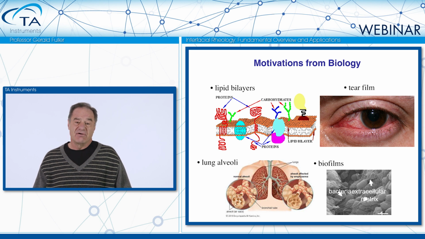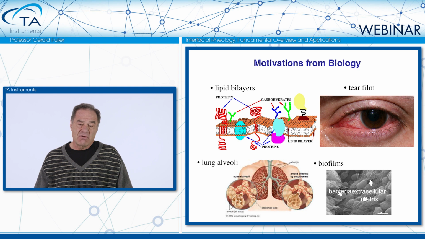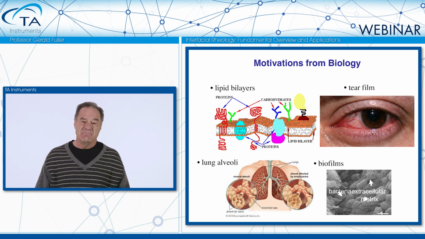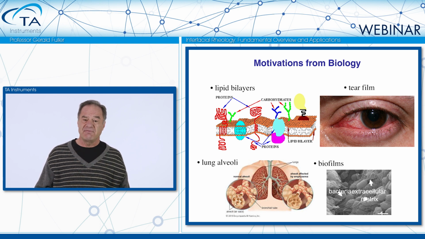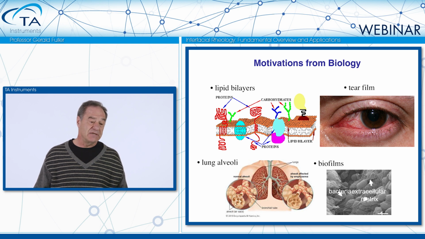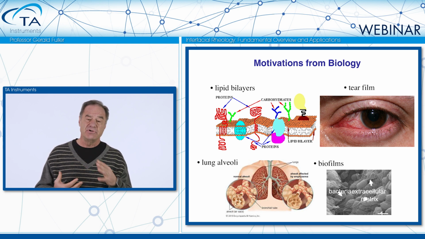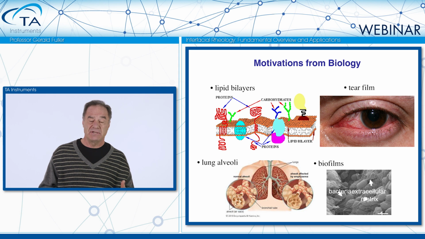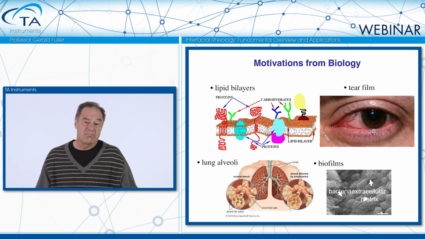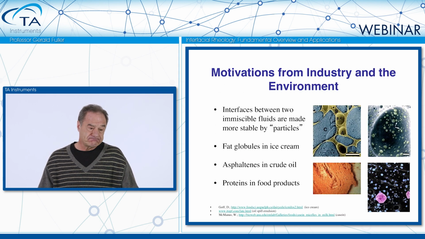Biofilms are very important to human health, and these are very complex mixtures of amyloid fiber, polysaccharides, and protein that the bacteria produce to protect the colony, and I'll go into more detail about that in an application.